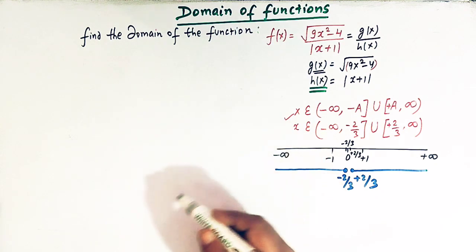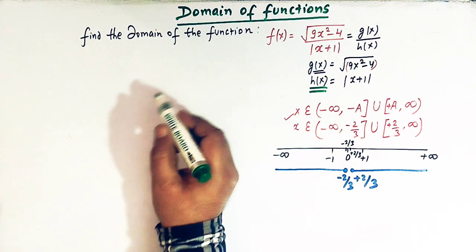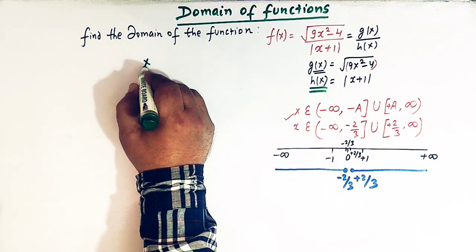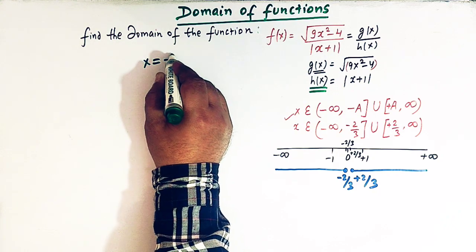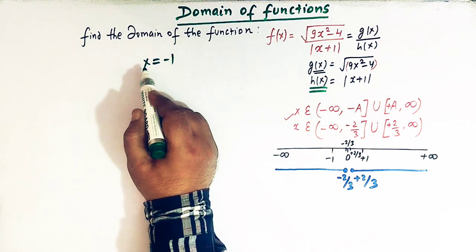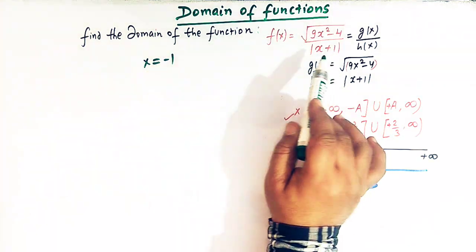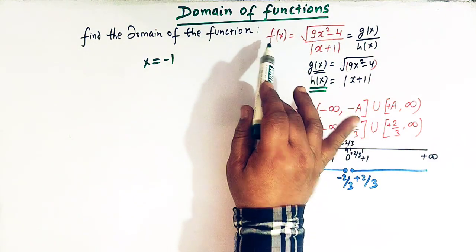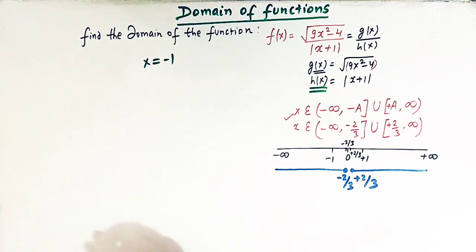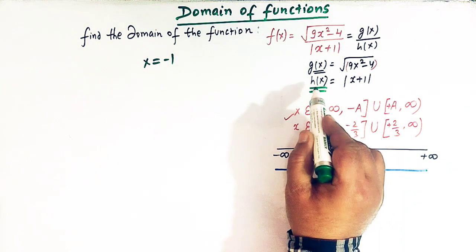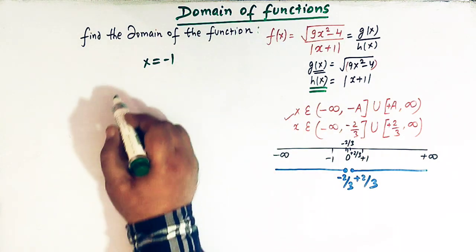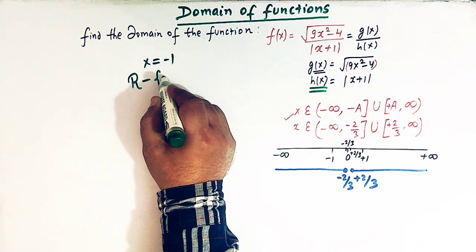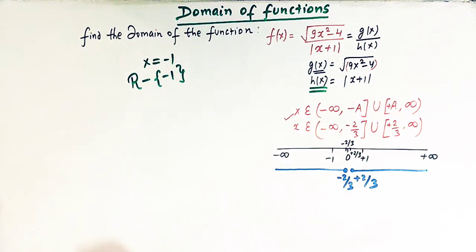So we can straight away conclude that h of x is not defined for x equal to minus 1, because when x is equal to minus 1, the denominator becomes 0, and f of x is not defined. So the domain of h of x is given by all real numbers excluding minus 1.